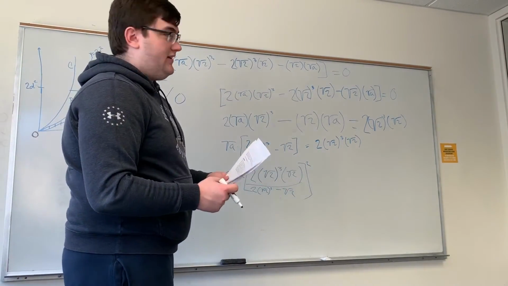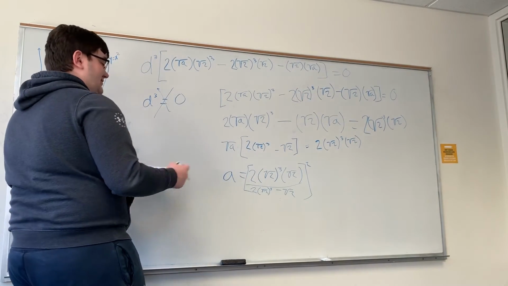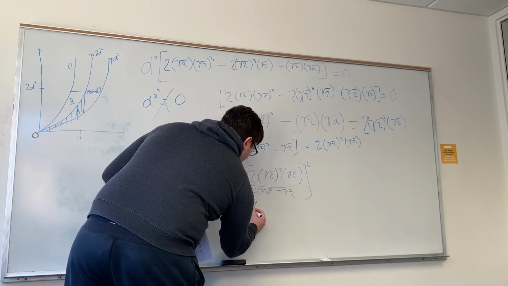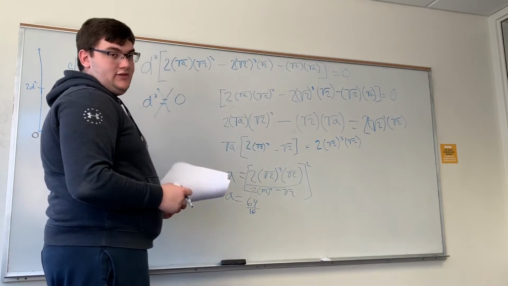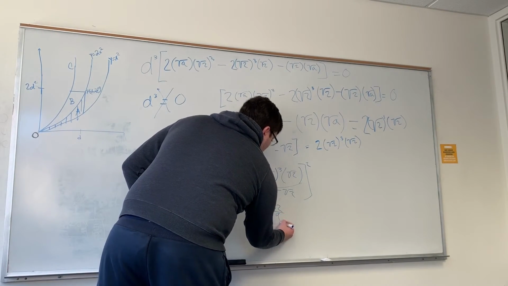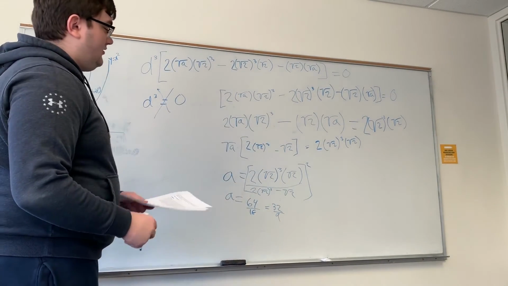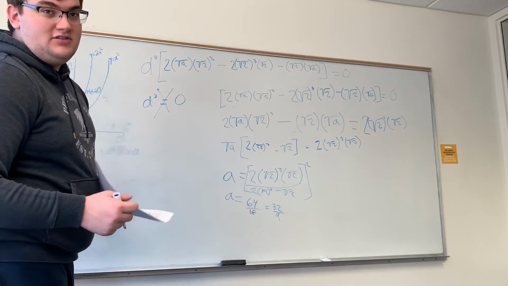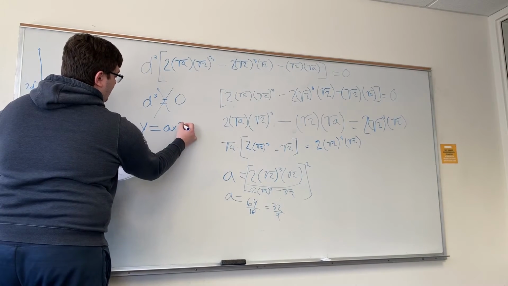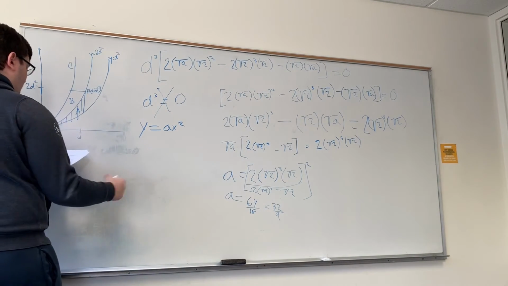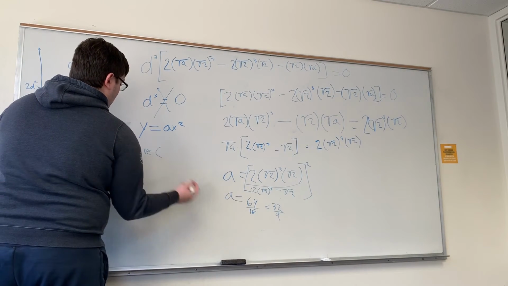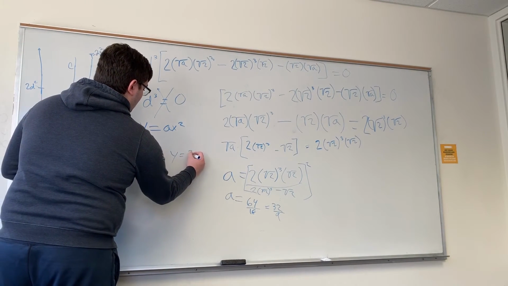Once we do all the algebra, it simplifies down to a equals 64 over 18. We can simplify that even further to 32 over 9. So now we know that a is equal to 32 over 9. If we go back to our original problem of curve C, which is y equals ax squared, we just replace a with 32 over 9, and the equation for curve C is y equals 32 over 9 x squared.